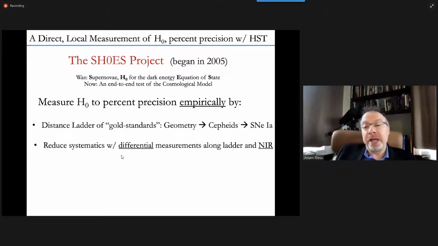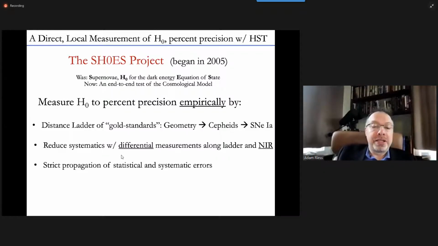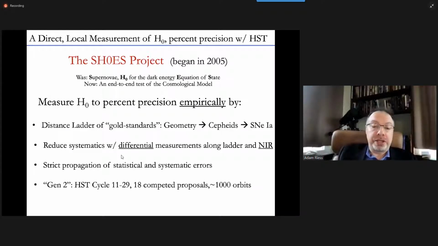I'll describe that in a minute. And by making these measurements in the near infrared to reduce the effects of dust along the distance ladder, as well as strict propagation of statistical and systematic errors that can be done simultaneously and now with covariance, so we can get realistic error budgets.